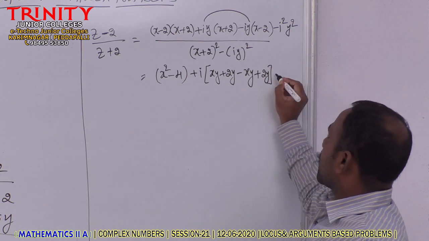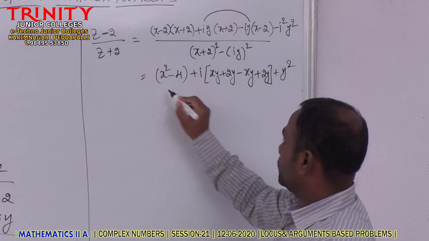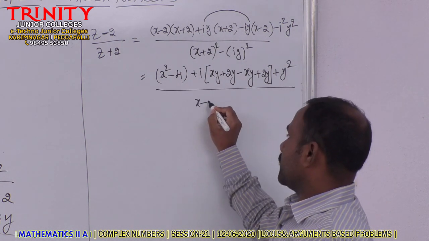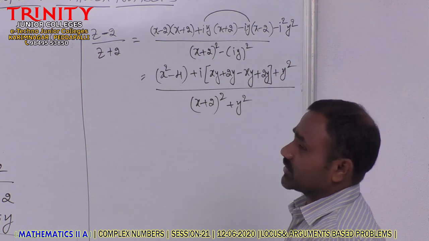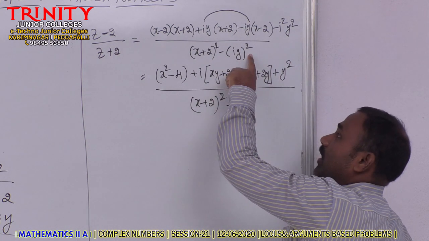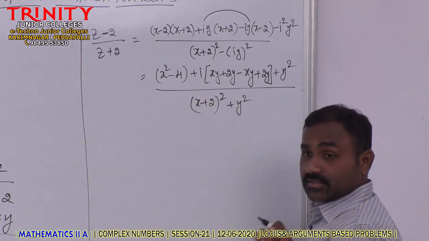I square value is minus 1, minus of minus becomes a plus, divided by (x plus 2) whole square plus y square. Why? Because i square is minus 1, and already minus is there, that's why it is a plus.